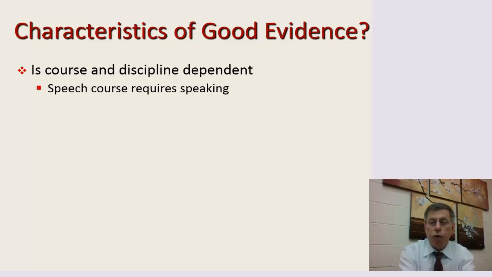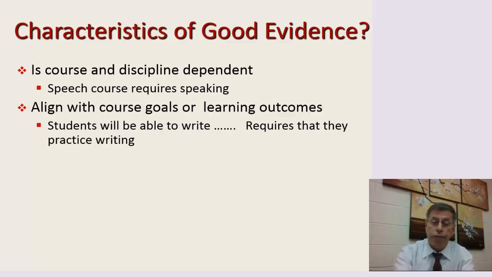Good evidence is course and discipline dependent. For example, the evidence about being able to effectively communicate orally in a speech course requires evidence of students presenting speeches. Good evidence aligns with the learning outcomes.